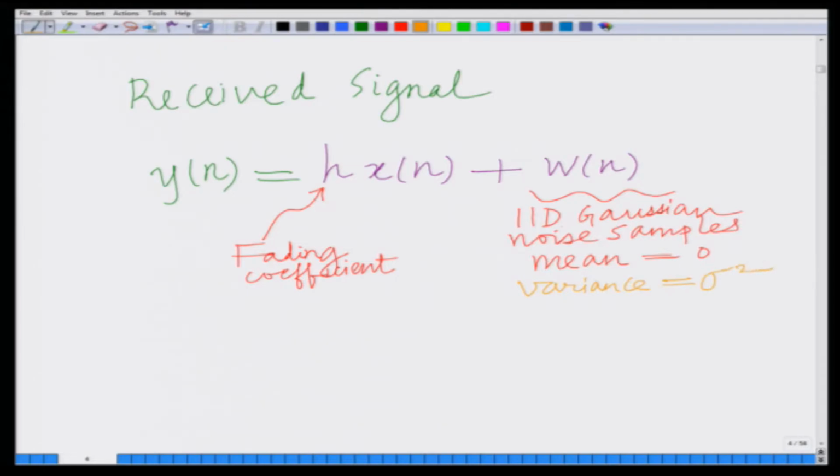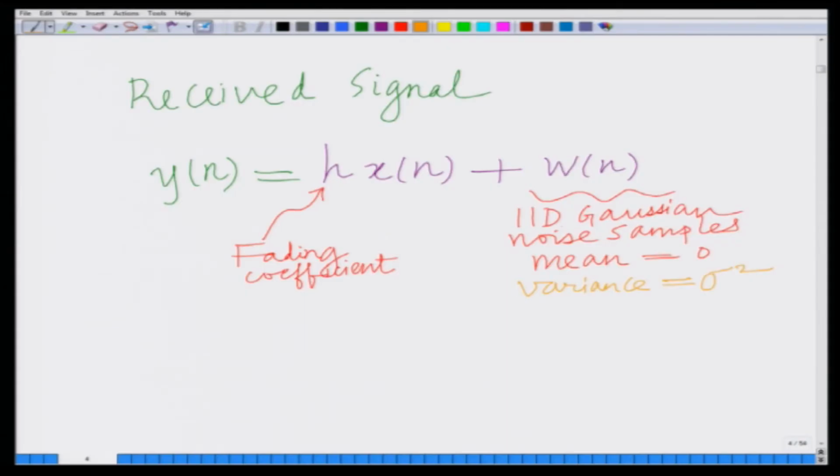So, the received system model y of n is equal to h times x of n plus w of n, where h is the Rayleigh fading channel coefficient. This is the same system model that we have seen before in the previous module, but we are now extending it to a multi-user scenario.